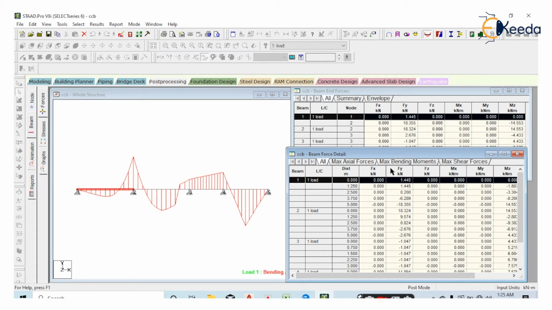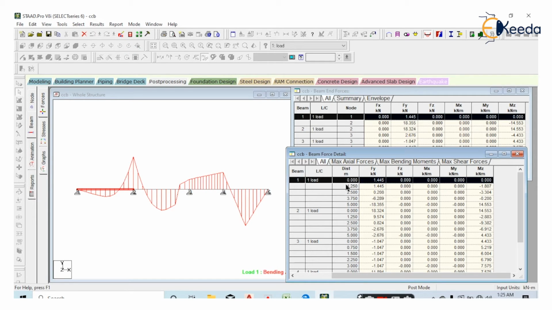Okay, and the value of shear force in Fy and the value of bending moment in Mz.